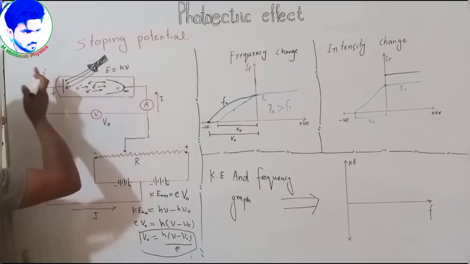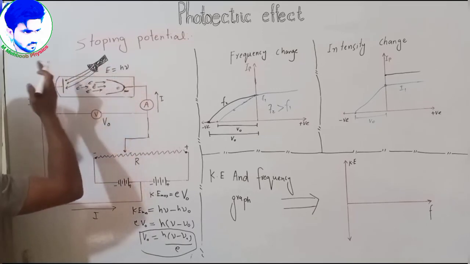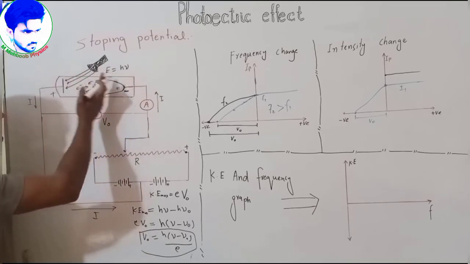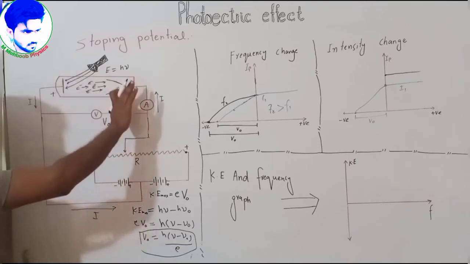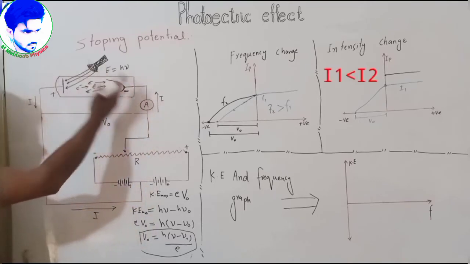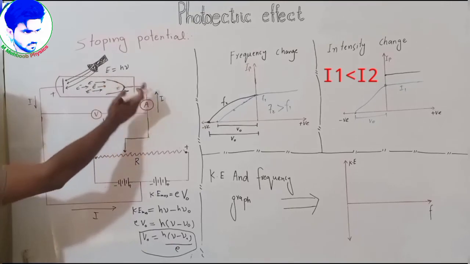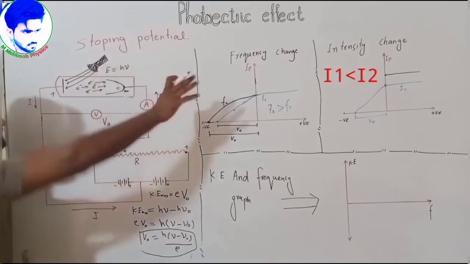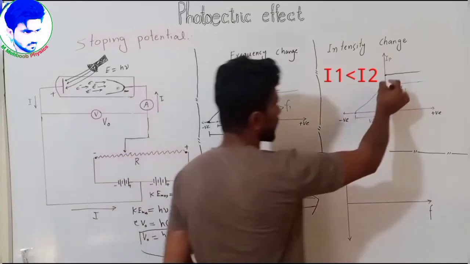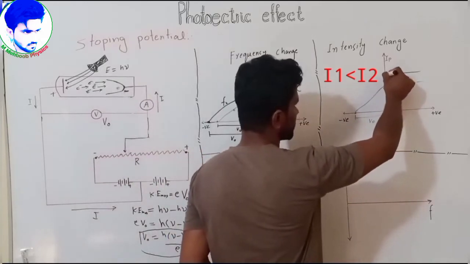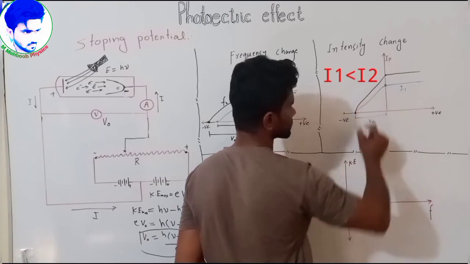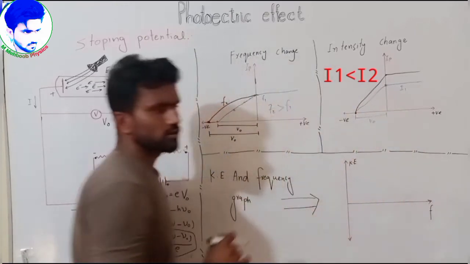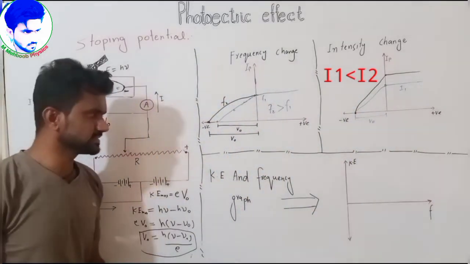By increasing the intensity, their kinetic energy remains the same, but only their number changes, meaning their count increases. A greater number of photoelectrons is produced by increasing the intensity of the light. So at that point the stopping potential will remain the same. Only the value of the photoelectric current will increase.